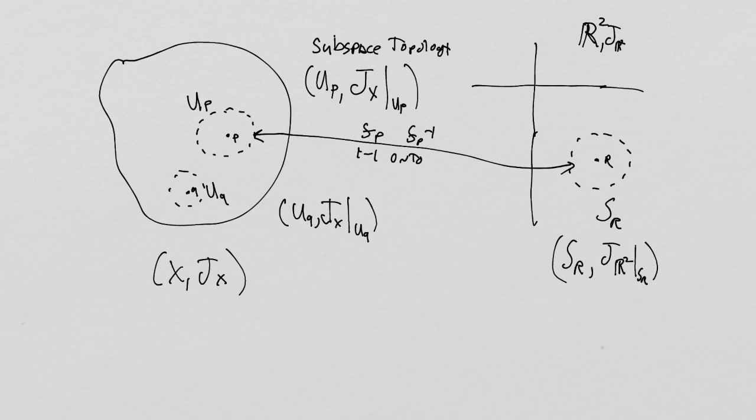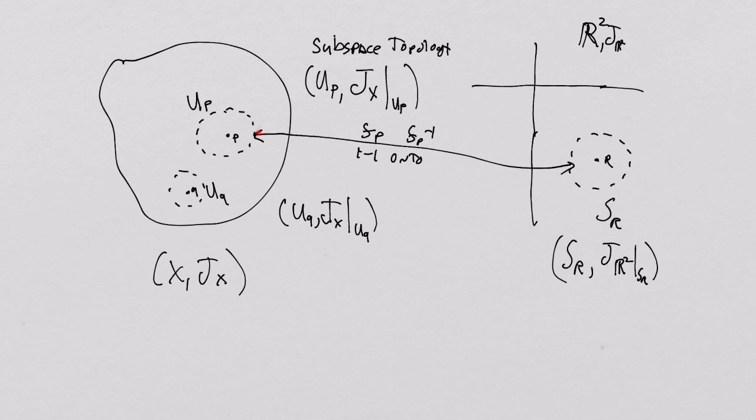All of these inherit the subspace topology. Another way to say it is that U_P has inherited its topology from the superspace. X is the superspace, U_P is the subspace, and it has the subspace topology. So once I do that, I can think of a homeomorphism from just this neighborhood to this neighborhood, if it exists.